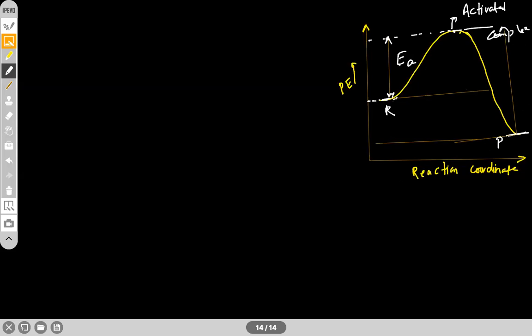This energy from product to activated complex is the threshold energy, ET. And the difference between the energy of reactant and product is the enthalpy change, delta H of the reaction.